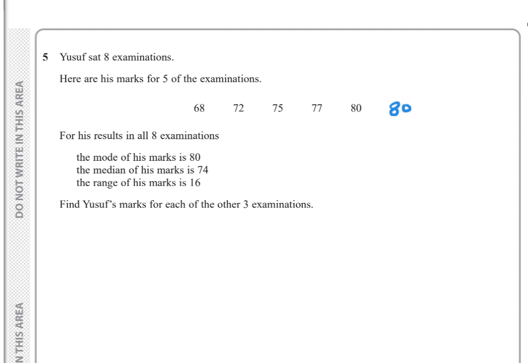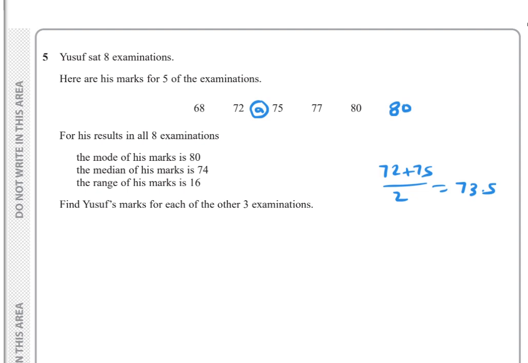Now if we try these values, 72 and 75, and add them, then divide by 2, it doesn't work because 72 plus 75 over 2 equals 73.5. So we need to add 1 more value between them. If we consider this value A, the 2 middle values are A and 75.